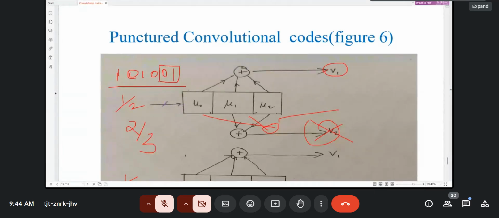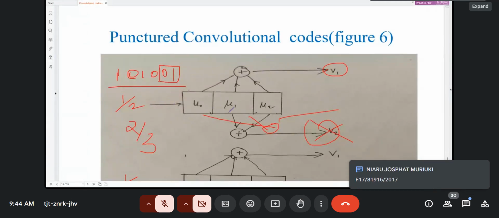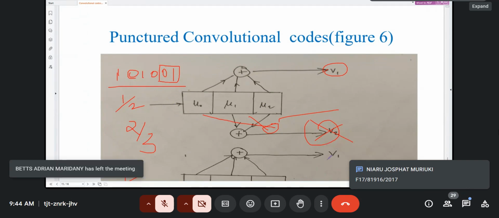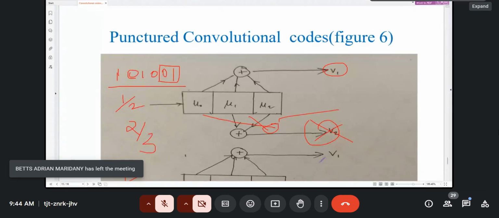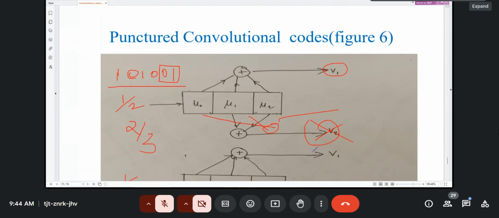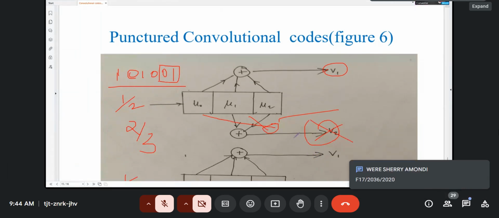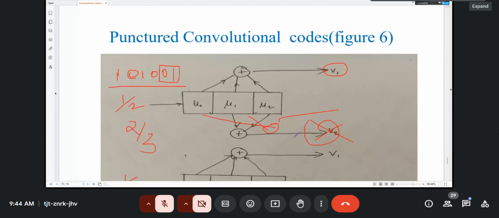But you see, if we do two 1/2, we are going to get 4 outputs. This has 2 outputs and this has 2 outputs. But we don't want a 2/4. We want a 2/3. So what we do, we perforate one of the outputs. We leave it out. That's what we call puncturing.